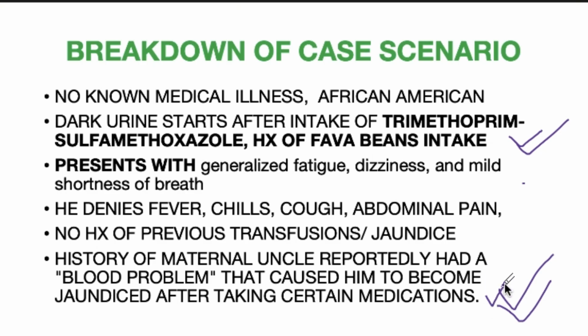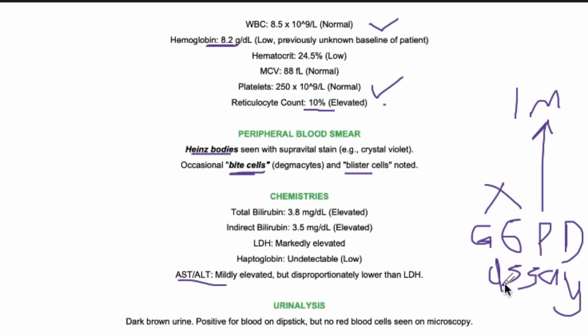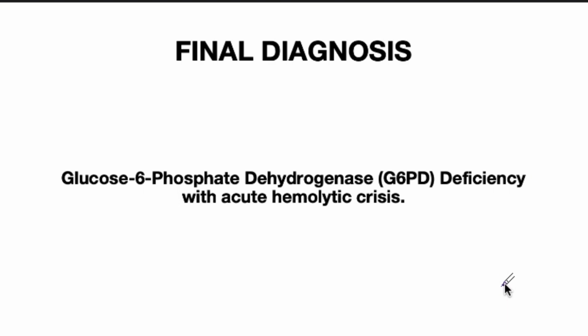Laboratory findings of elevated reticulocytes, bilirubin, LDH, undetectable haptoglobin, and the presence of bite cells and Heinz bodies on peripheral blood smear are highly suggestive of an intrinsic red blood cell defect causing non-immune mediated hemolysis. The patient's African American ethnicity and family history of similar episodes with medications further point towards an X-linked inherited enzymatic deficiency, in this case, G6PD deficiency with acute hemolytic crisis.